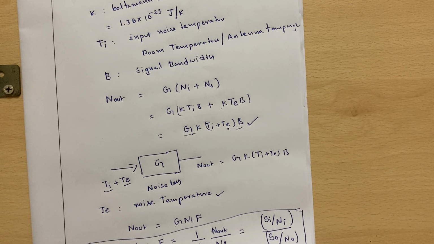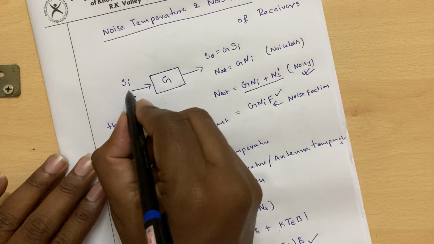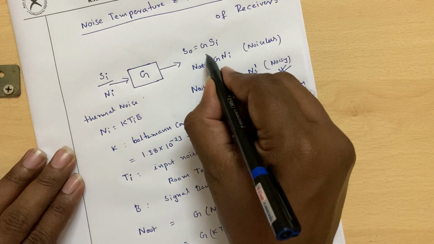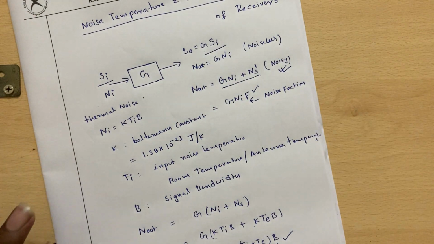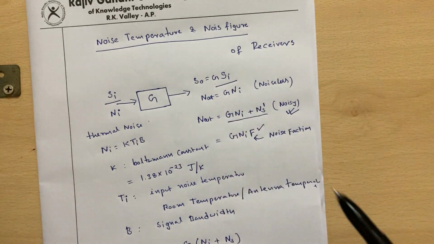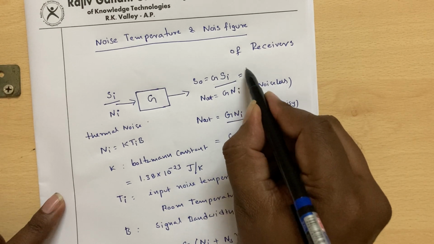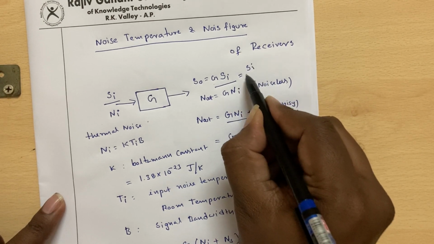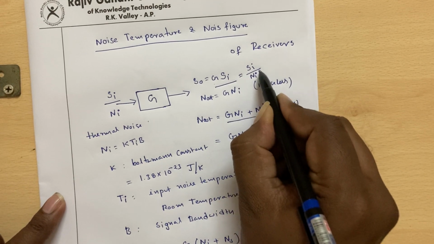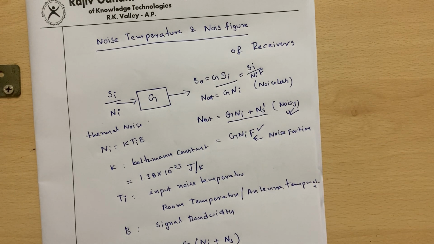Actually, what is happening is that the input signal to noise ratio is Si by Ni. The output signal to noise ratio, if it is a noiseless block, will be Si by Ni only, because G into Si divided by G into Ni. But what is happening now is that the output SNR is being degraded, by Si by Ni divided by some F, if I use this way of representation.